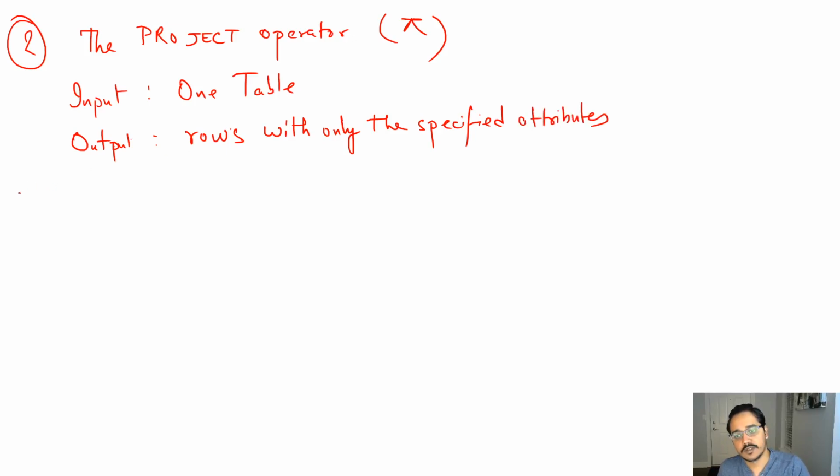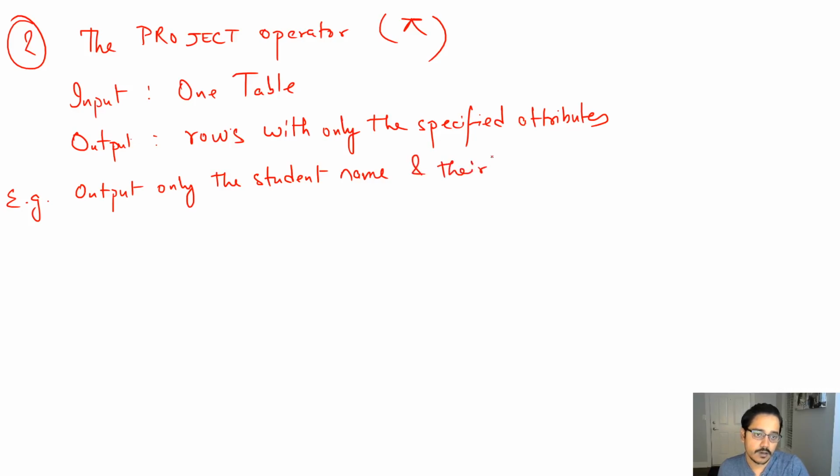So that means, as an example, if we want to output only the student name and their GPA from the student table.